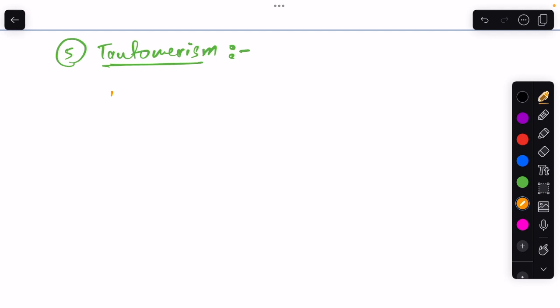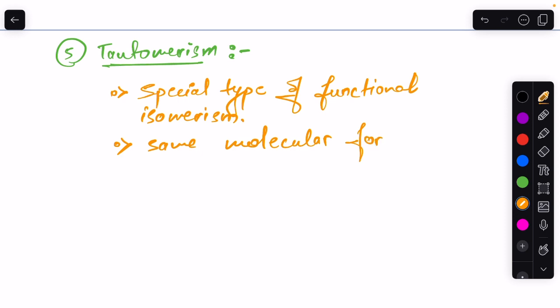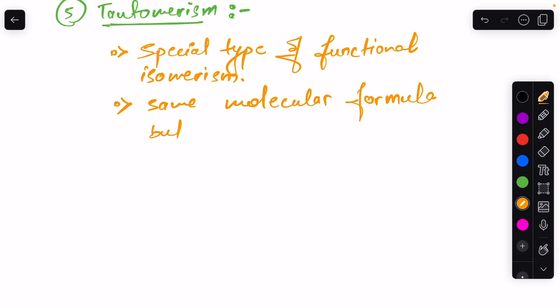Tautomerism is a special type of functional isomerism in which same molecular formula but different functional group.